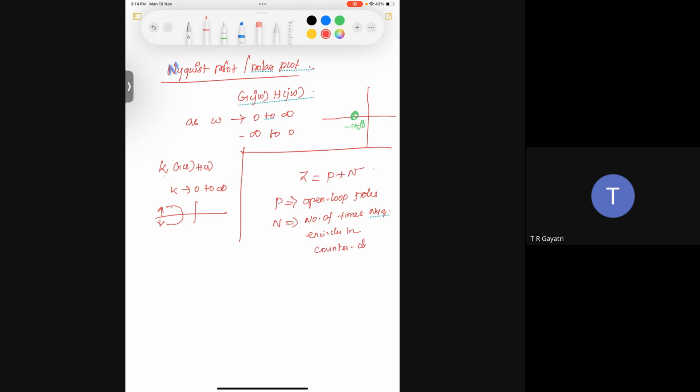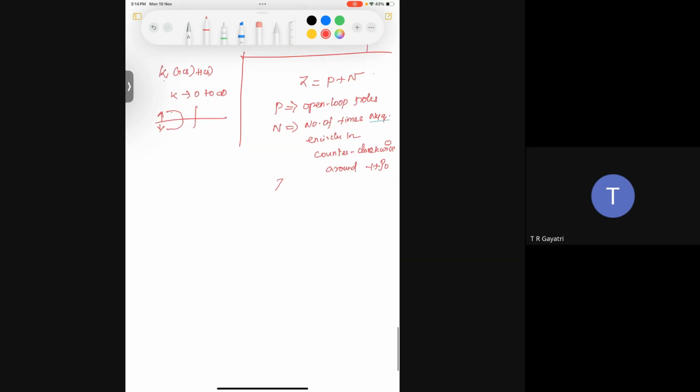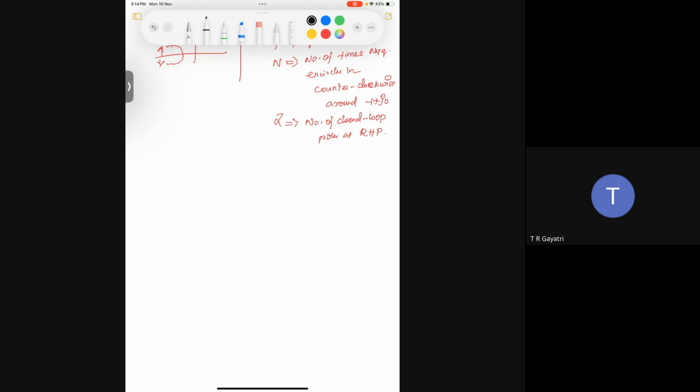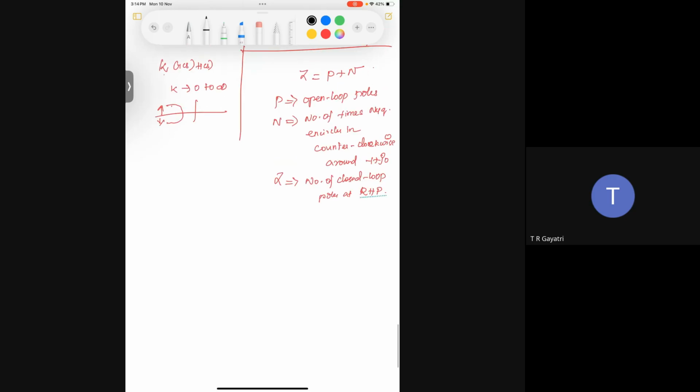This is very important. Z is the number of closed loop poles in the right half of the plane. So just be careful with all this notation.